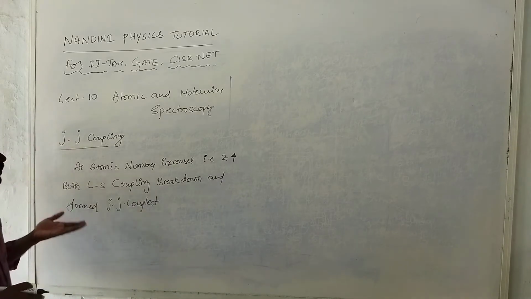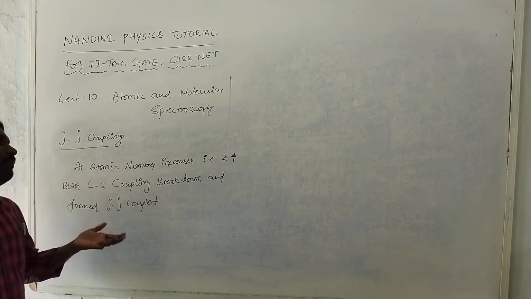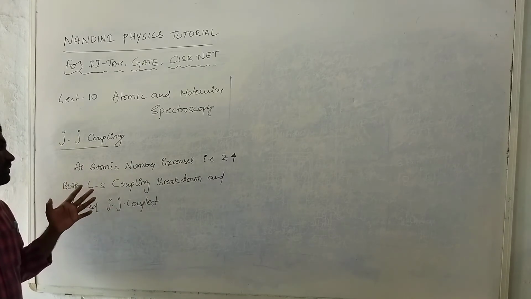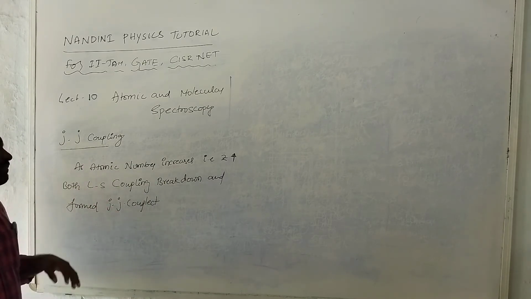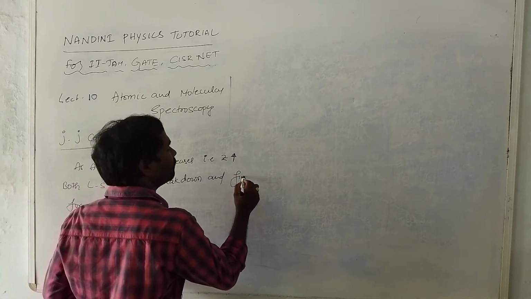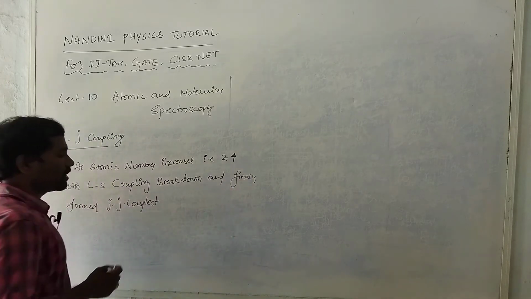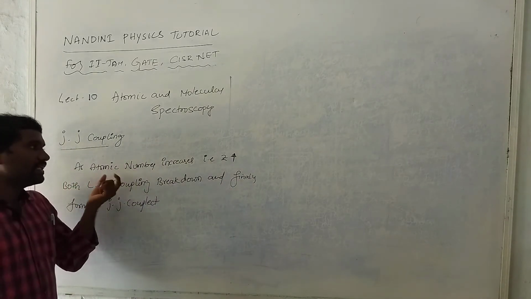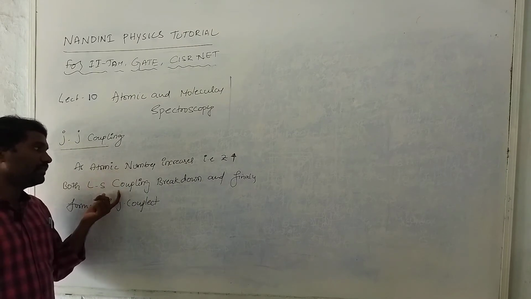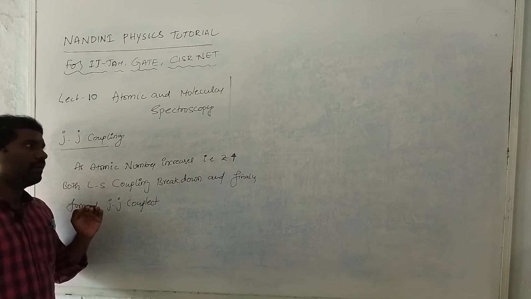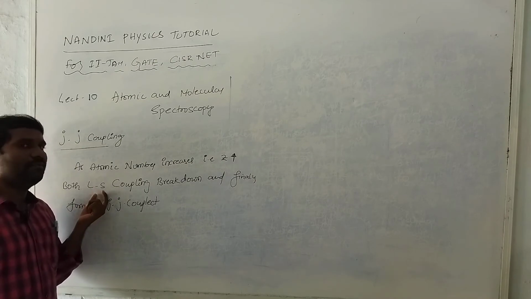Whenever atomic number increases more, then LS coupling breaks down and finally forms JJ coupling. So that means it depends upon atomic number. LS coupling will break down at a certain atomic number onwards.